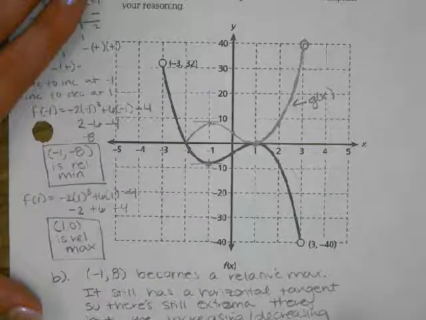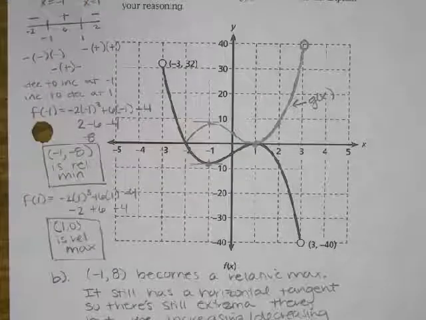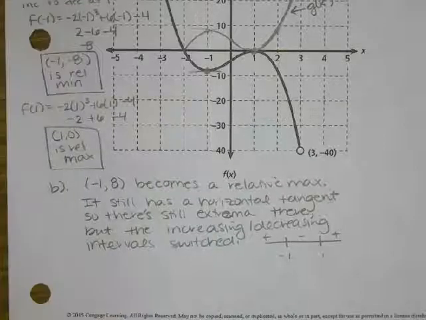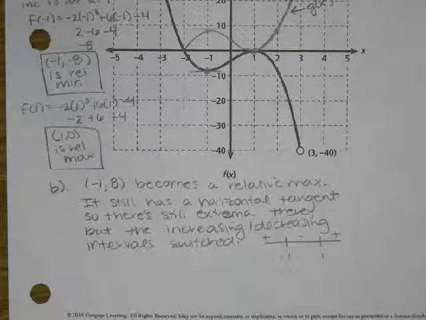And then I went ahead and I kind of drew this. Oh gosh, you couldn't even see that. So sorry. So it still has a horizontal tangent, so there's still extrema there, but the increasing and decreasing intervals switched. I'm so sorry you had to just stare at me and watch me write that, not be able to see it. Go look up and see the points for these.